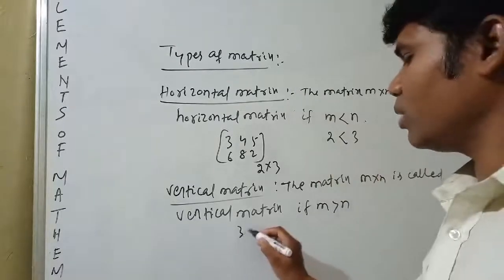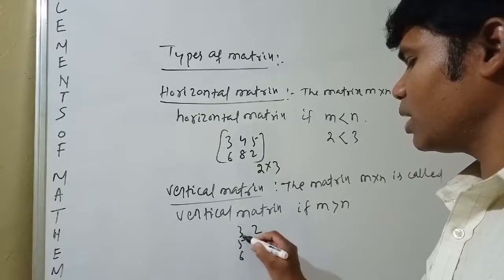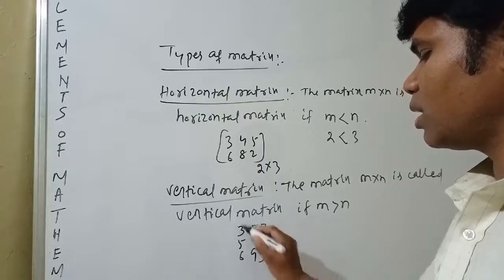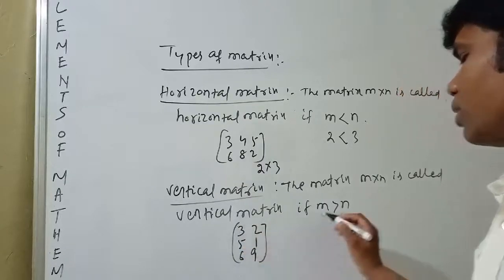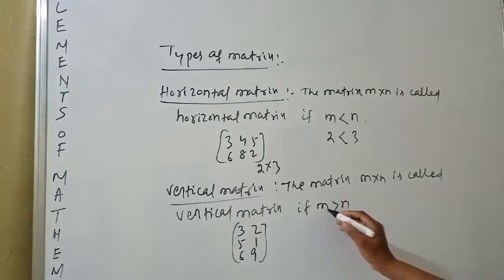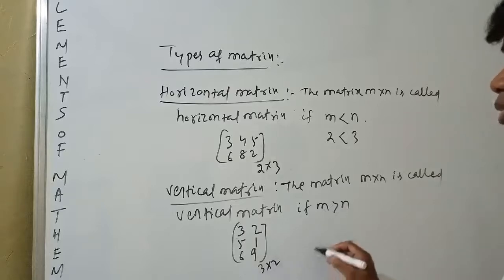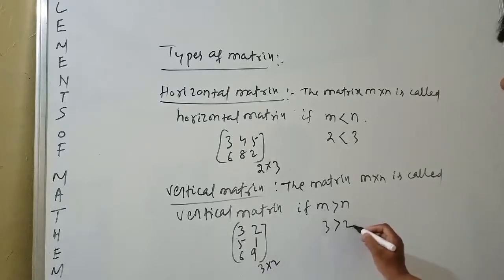For example, 3 2, 5 1, 6 9. This is an example of a vertical matrix. More rows, fewer columns, 3 cross 2. 3 is greater than 2, rows are more, columns are less. Such a type of matrix is called a vertical matrix.